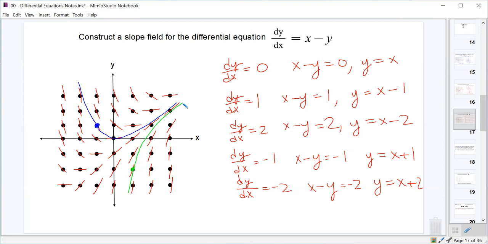Now, one last little thing to mention about this is, let's pick another color. If I asked you to sketch the solution that went through this point that happens to be on the line y equals x minus 1, well, I'd be at positive 1 of a slope. But everywhere along that line, it has a positive 1 slope.